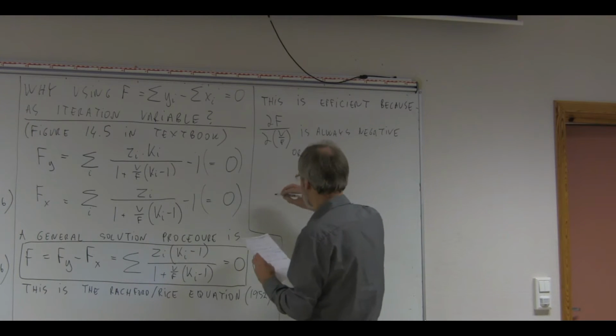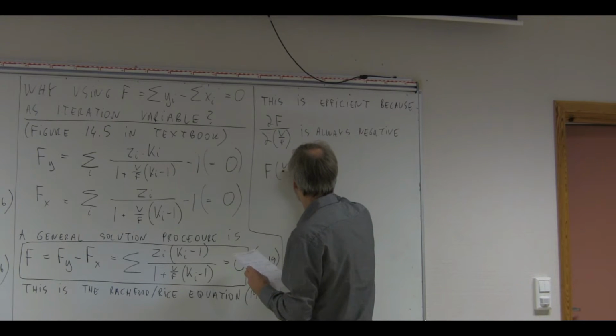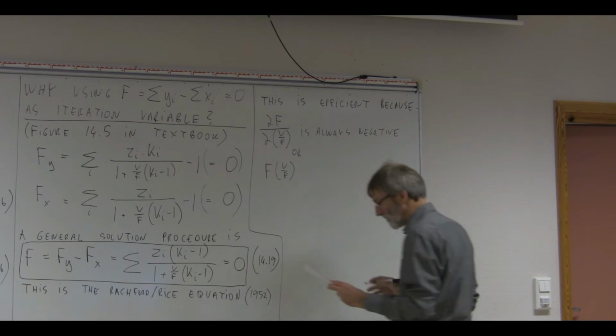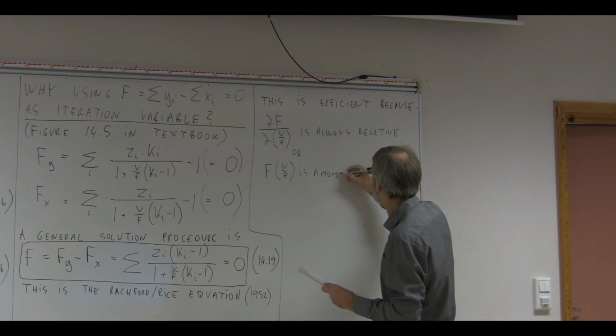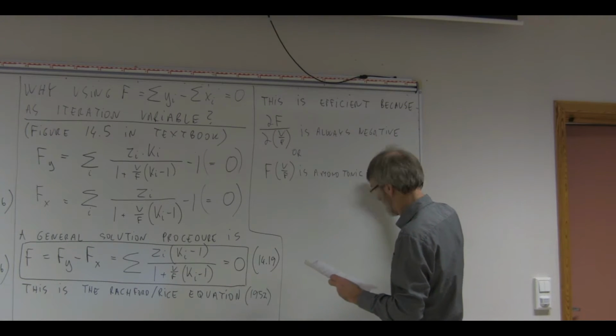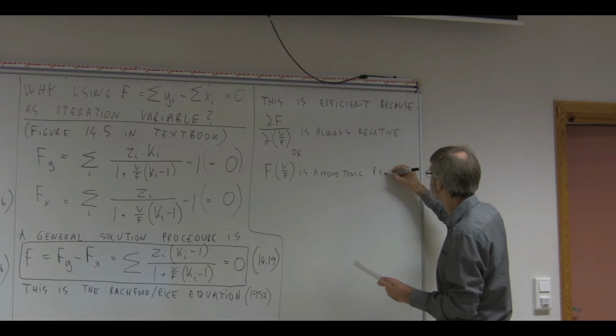Or F of V over F is a monotonic function.